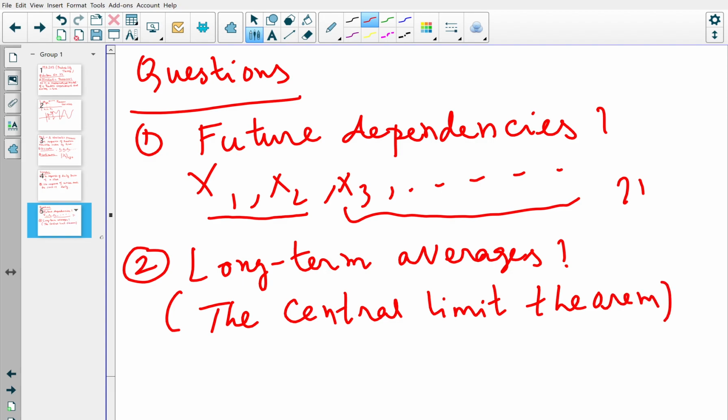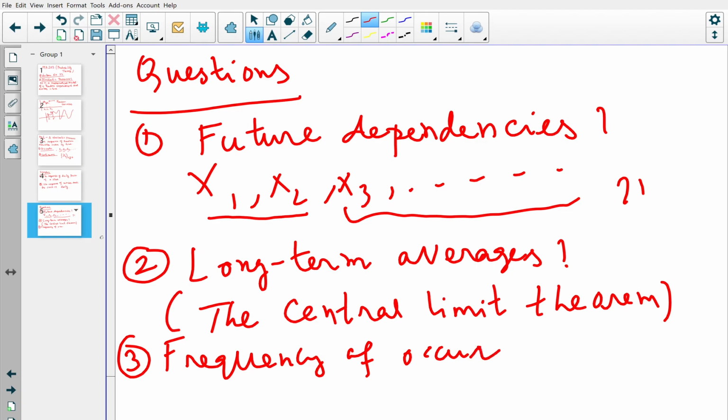Or you can ask, what about the frequency of occurrence of some bounded events?